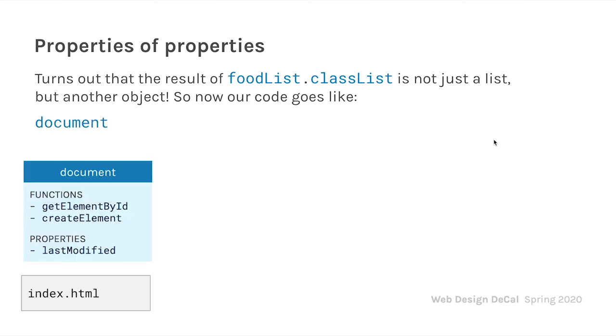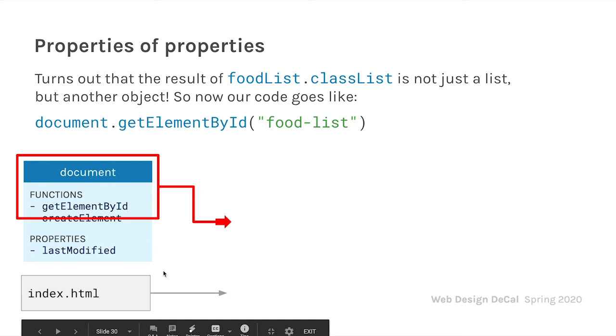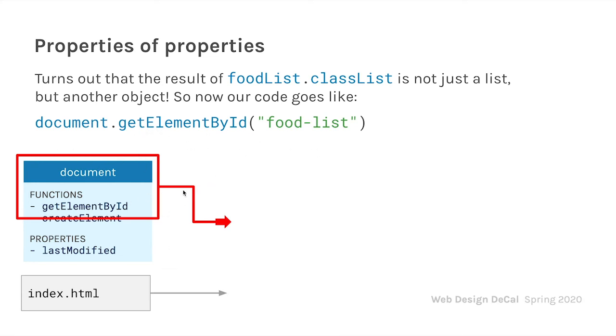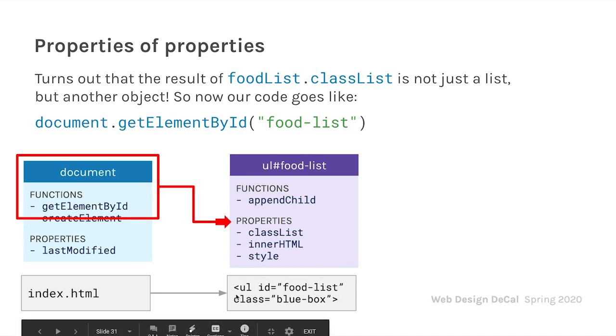We say document, so that we have our document object that represents our whole web page, index.html. We say .getElementById and use this function that's part of the document object. And when we say that, it lets us get to a specific HTML element in the page, in this case, the food list.